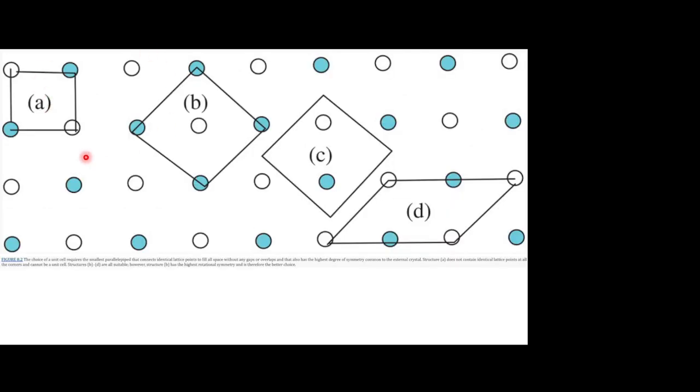All right, so right here we see some examples of different types of lattices that we could generate. And you'll notice that some of these examples are successful, some of them are not. So we look here, A, is that symmetric? If you rotate this, is that symmetric?